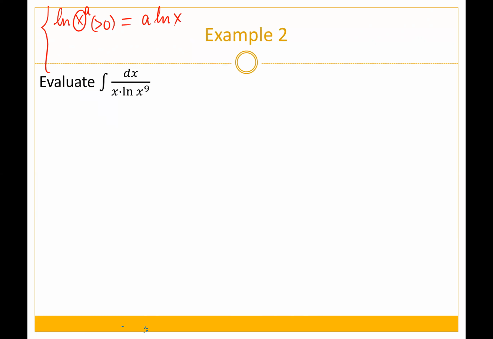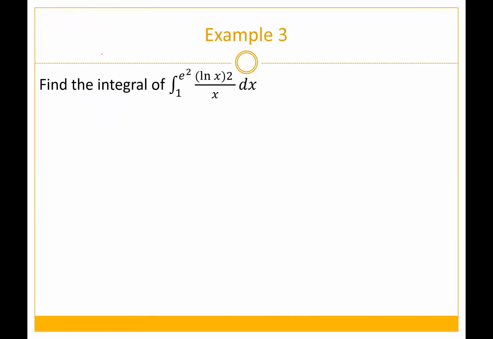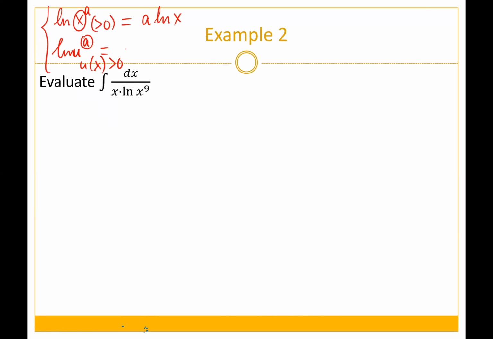That's one very useful thing to know. Even in the very general case, if you have ln of u to the a, with u a function of x bigger than 0 always, then this is also equal to a ln of u(x).